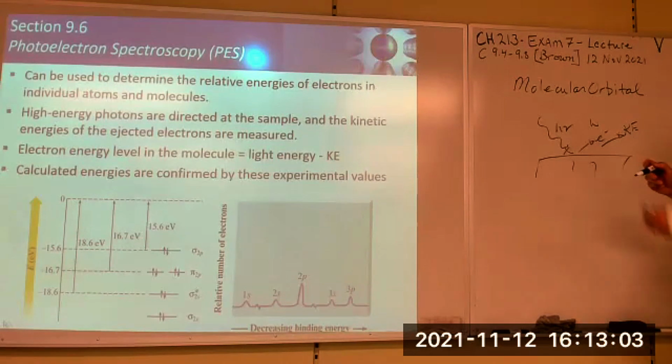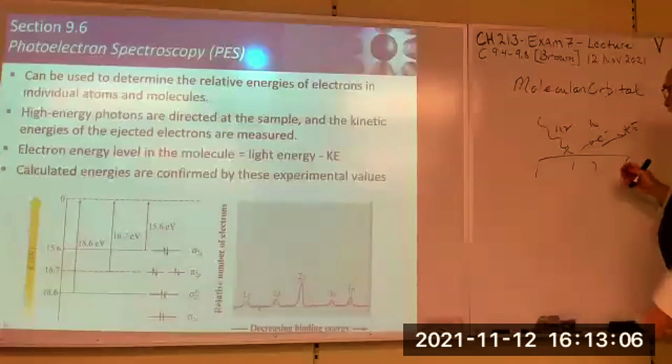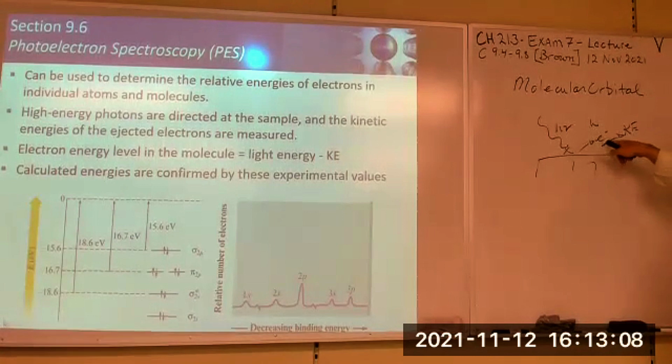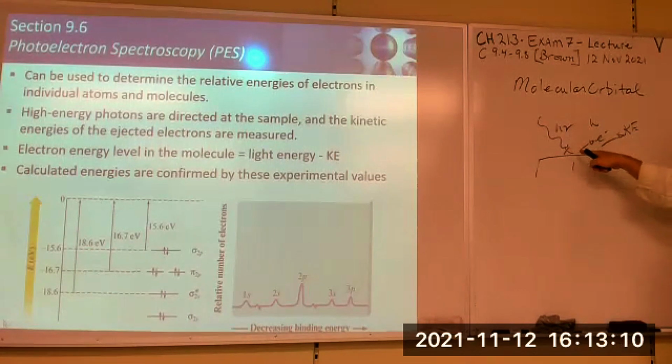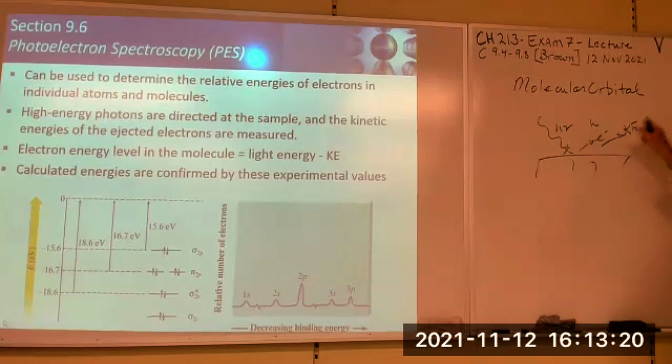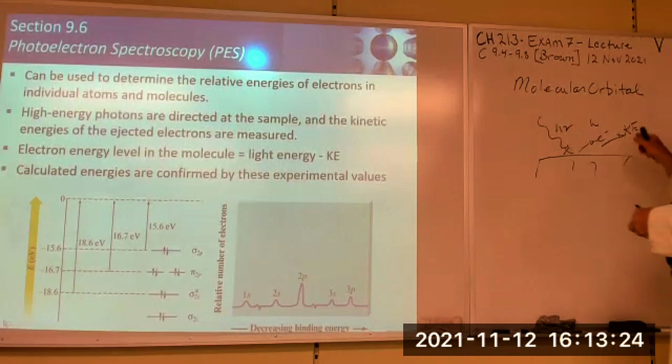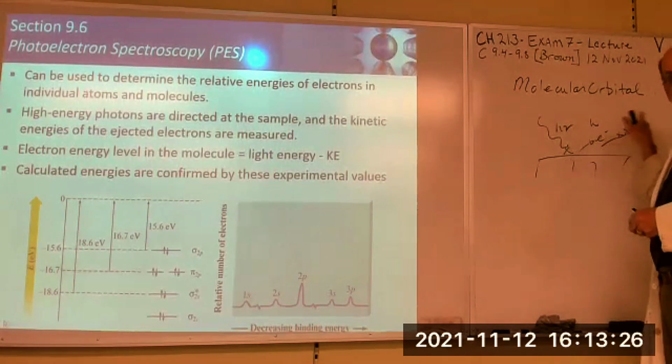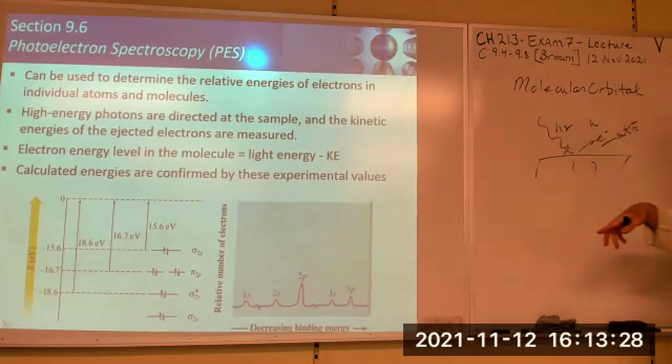Right? So if we know the kinetic energy, we know the energy of the light coming in. We can measure the kinetic energy of the electrons coming out because they produce a current at a given voltage. And by that, we can determine what was the energy of the electron before it left the molecule.